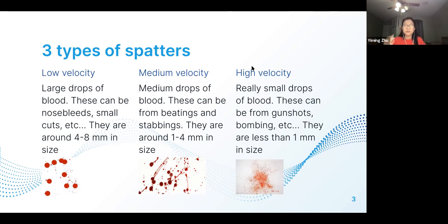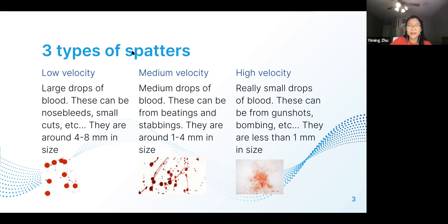But say red water, and you spray it once, that would be more of a high velocity. These are from gunshots, bombing, explosions. They're really tiny, less than 1 millimeter. So these are kind of weird, they're kind of backwards.